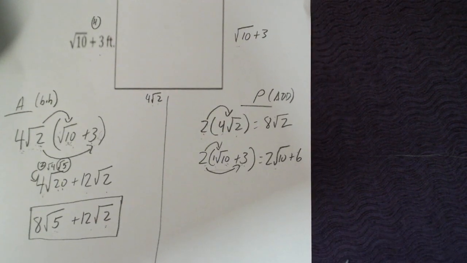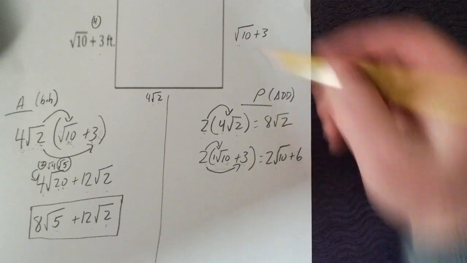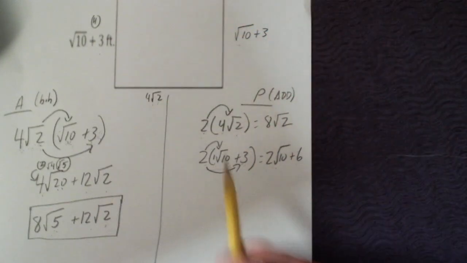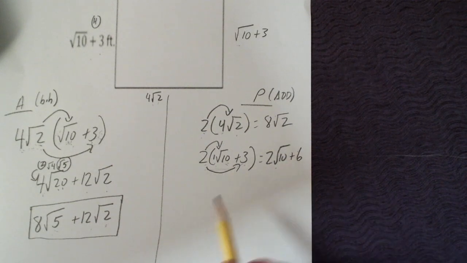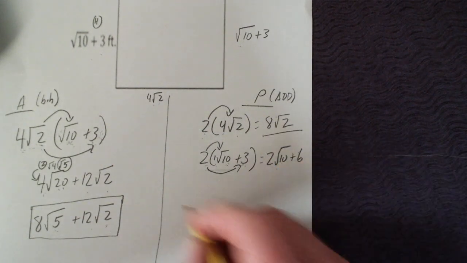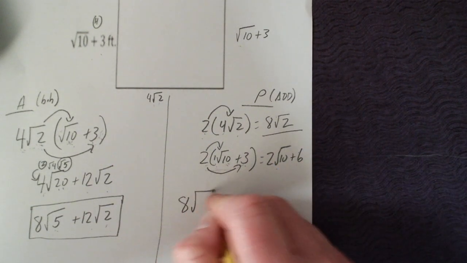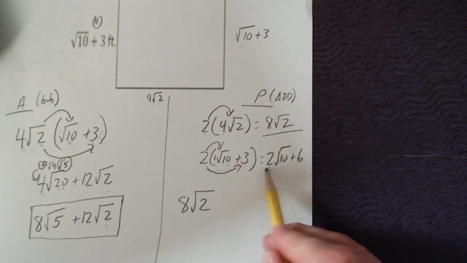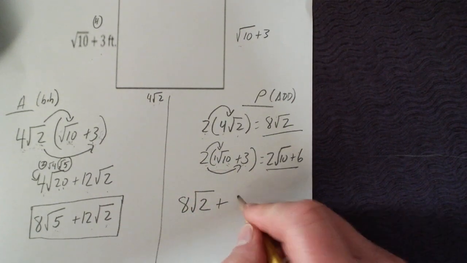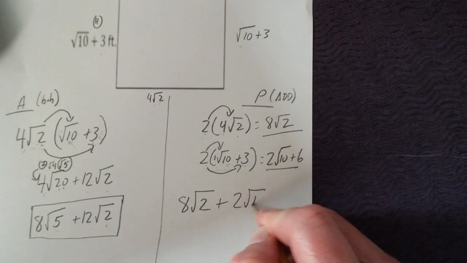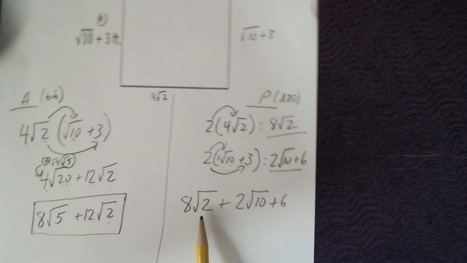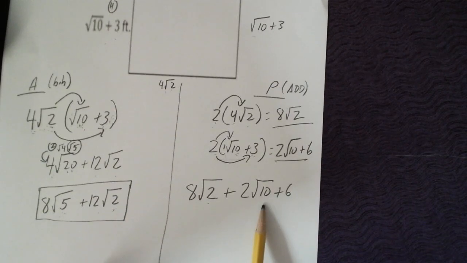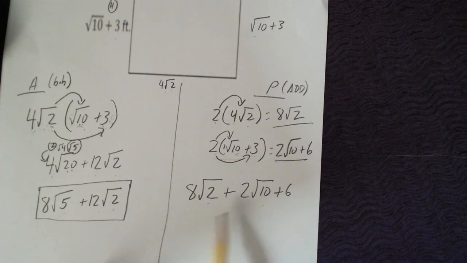Okay, so now we have to add them because we're supposed to be adding all these sides, but this work right here eliminates part of that. So I have that measurement, and then I have this measurement, and I'm supposed to be adding those together. Again, we have the square root of 2, square root of 10. We cannot add those because of the square roots.